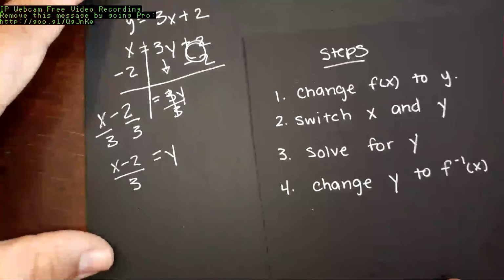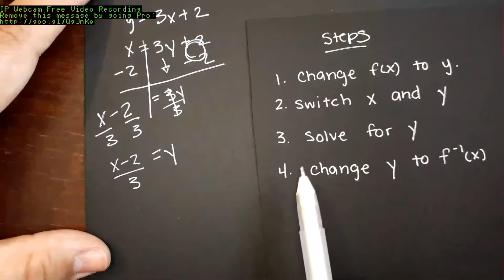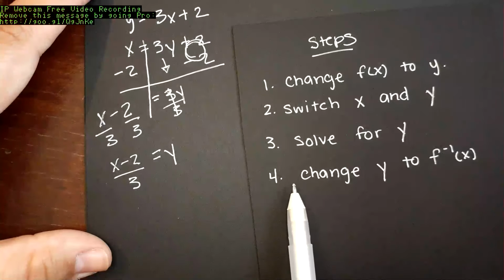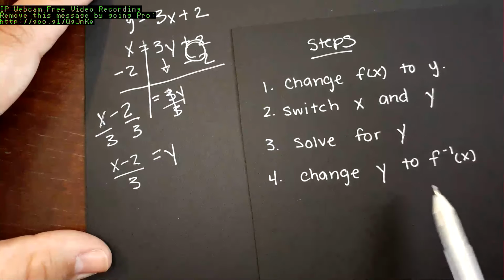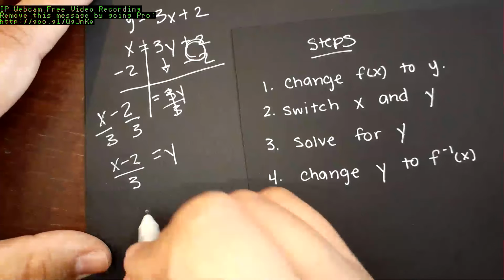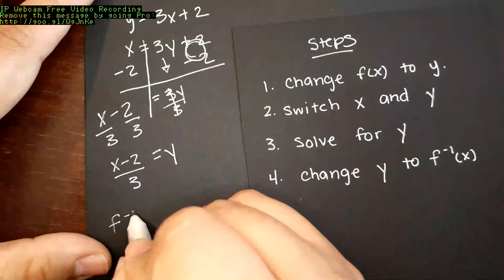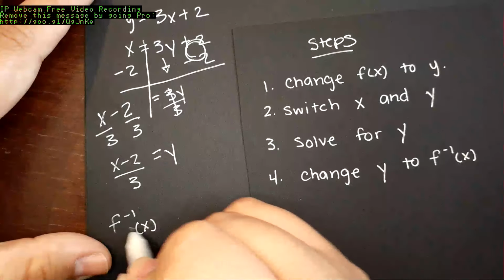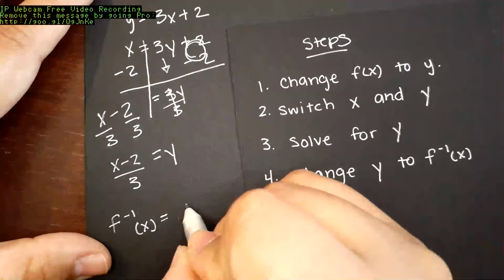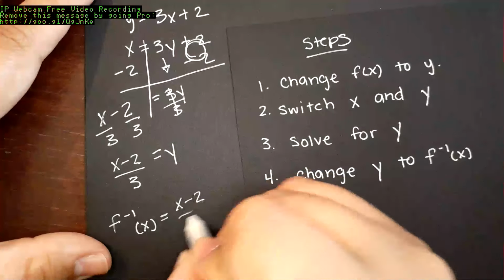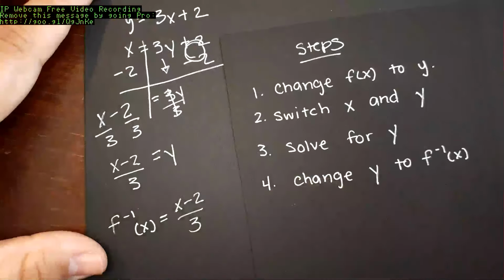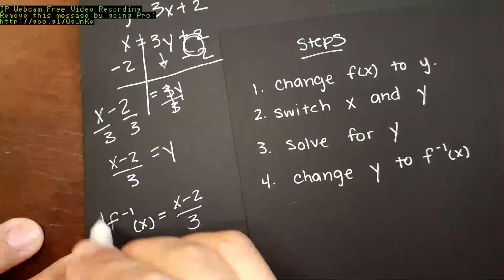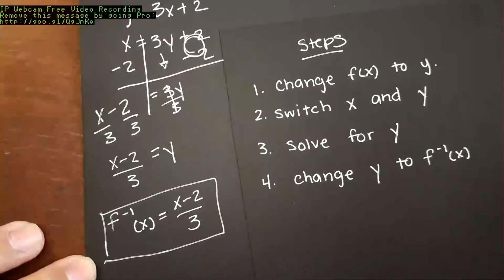If I look at my steps, I've already solved for y. My last step is to change y to f inverse. So I'm going to write my f inverse of x equals x minus 2. My function stays the same. Okay, so that is finished.